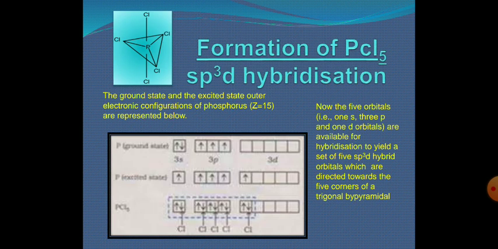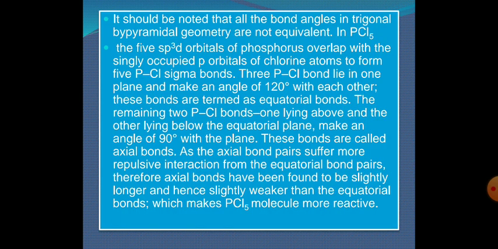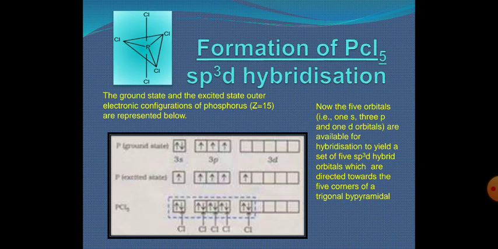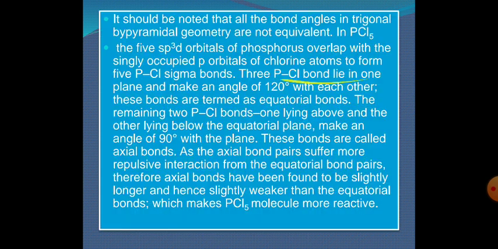The bond angle between Cl, P and Cl at the top of the plane is 90 degrees, but the bond angle between the chlorine atoms present in the plane is 120 degrees, which we already showed in this slide. The axial bond pairs suffer more repulsive interaction from the equatorial bond pairs.